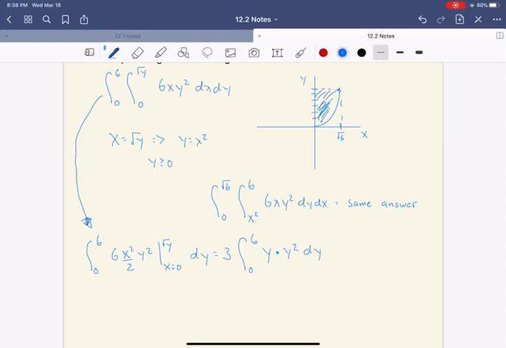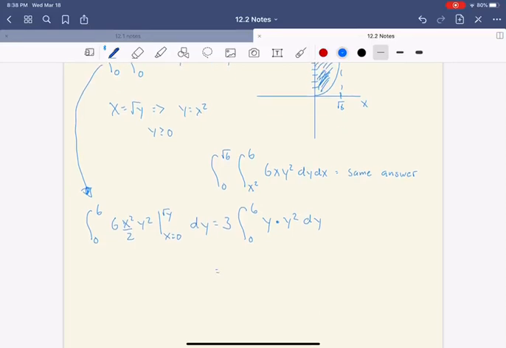Okay? So now we're going to get 3 integral from 0 to 6 y cubed, which is just going to be 3y to the 4th over 4 from 0 to 6.